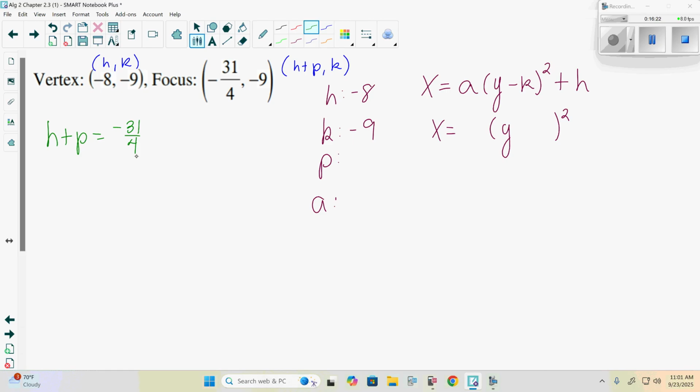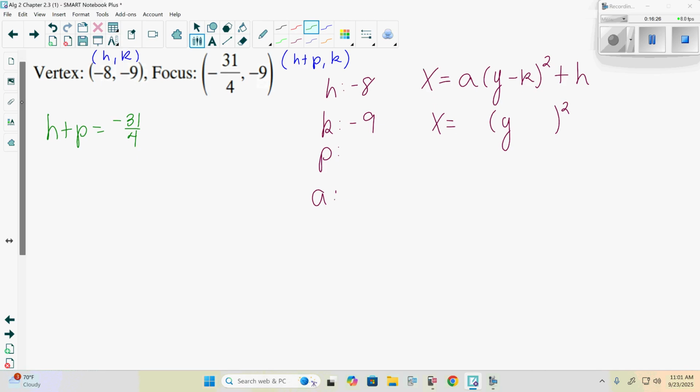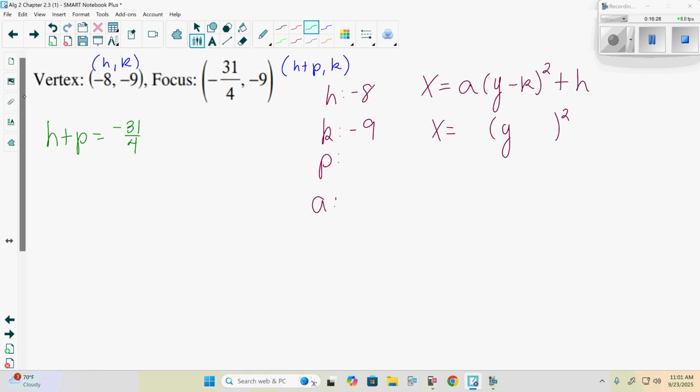So again, lining them up. h plus p equals, because whatever value p is, we're going to add it to h to get -31 over 4. The one that we add the p to, yes.